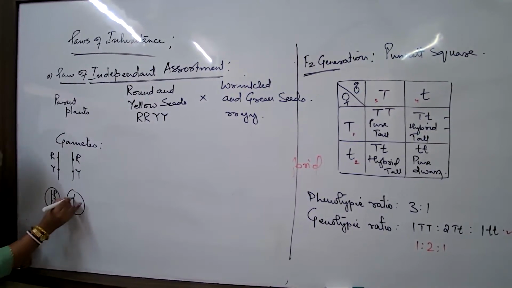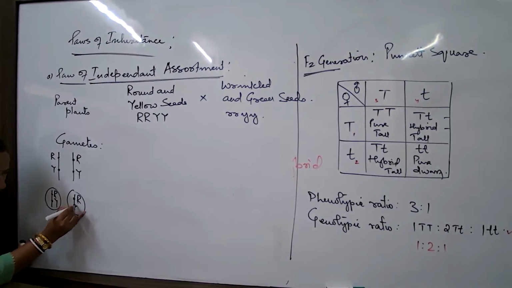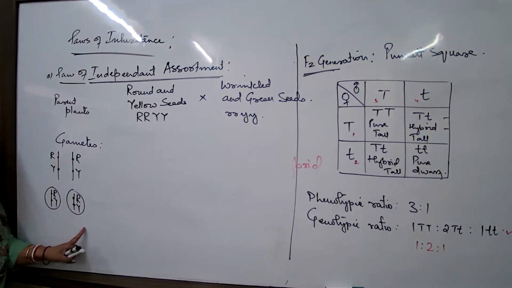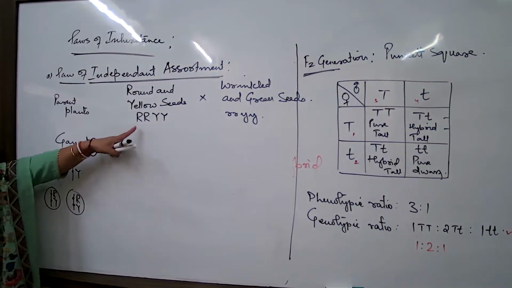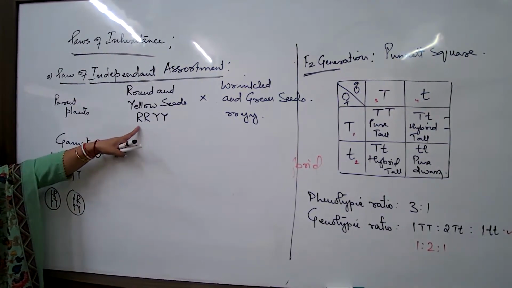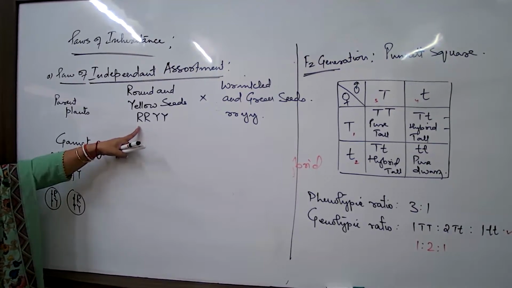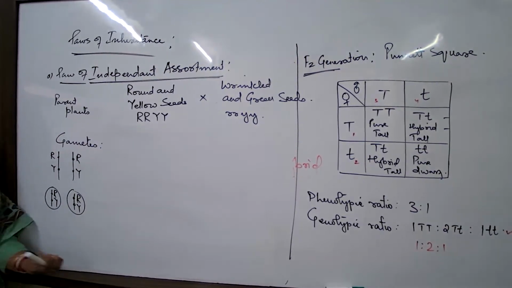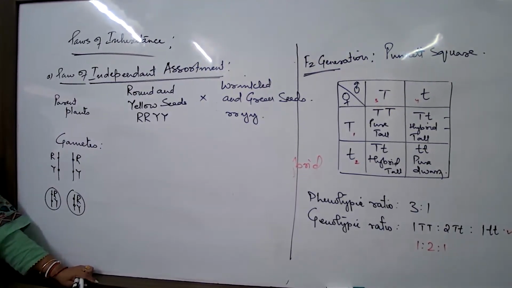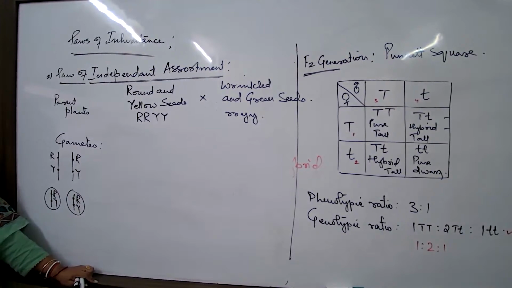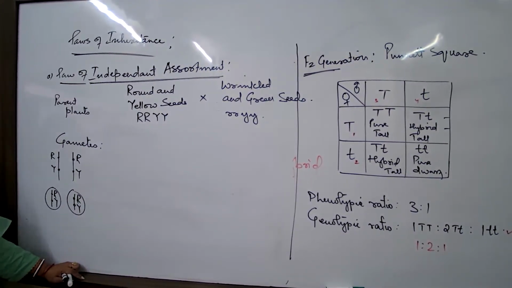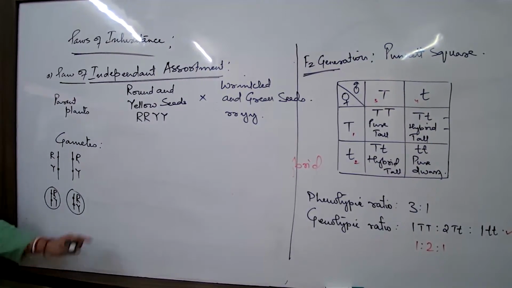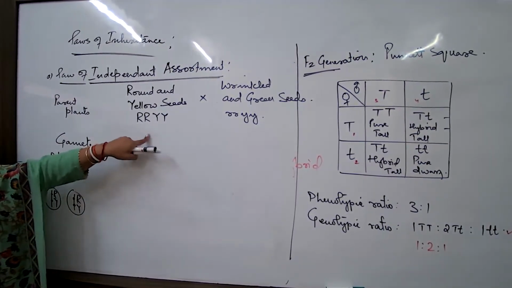It is something like this, capital R and capital Y. Are they the same type of gametes or different types? Same type. So how many types of gametes from these plants? One type. Am I clear? How many of you are still not clear about what I'm saying? How many of you still have a doubt with this? If you have a doubt with this, there's no point proceeding further. Are you clear what I'm speaking here?